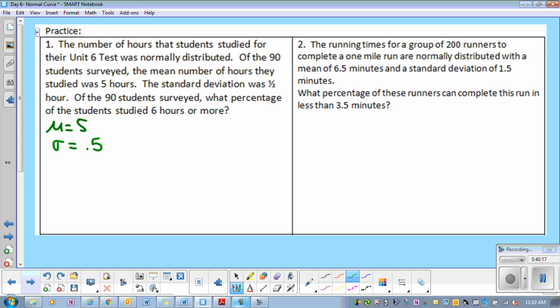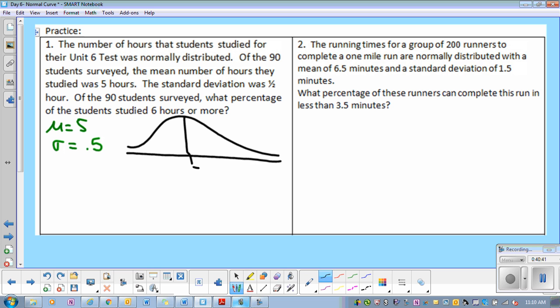Out of the 90 students surveyed, what percentage of the students studied for 6 hours or more? Do you think that's going to be a lot, or a little bit? Studying for 6 hours might be an outlier type of situation. Keep in mind what you think would be a reasonable or expected percentage.